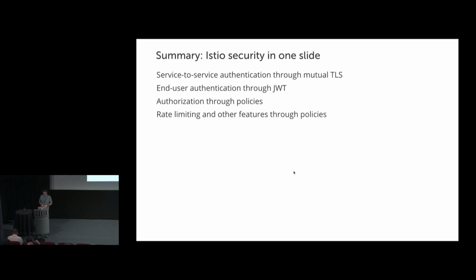So to summarize all of this, Istio provides quite a lot of things. Most importantly, security-wise, is this service-to-service authentication through mutual TLS. And this allows us to have encrypted channels.